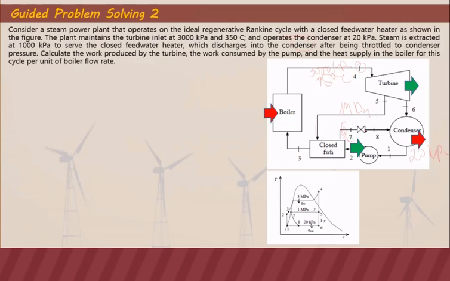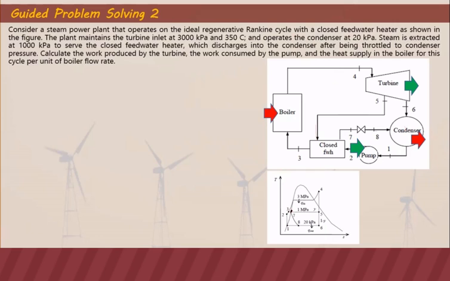So we discharge it to the condenser pressure. From 7 we discharge it to 8, so that the pressure now will become the same as the condenser pressure. And then we are to calculate the work produced by the turbine, the work consumed by the pump, and the heat supply in the boiler for this cycle per unit of boiler flow rate.